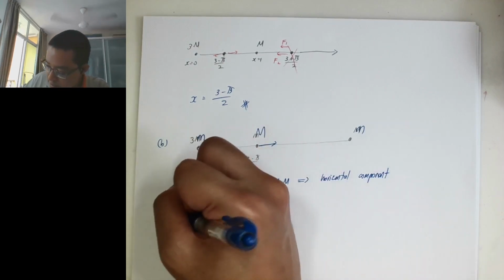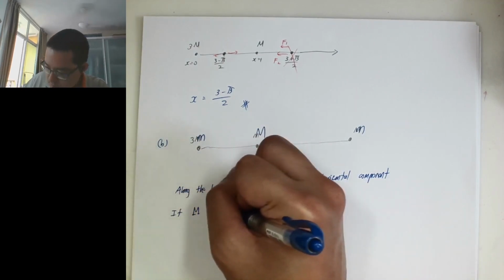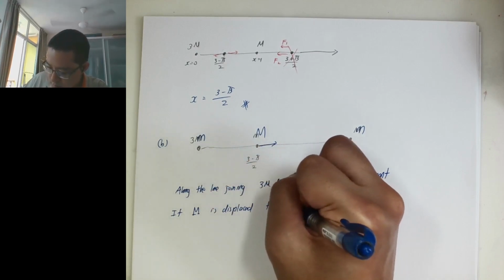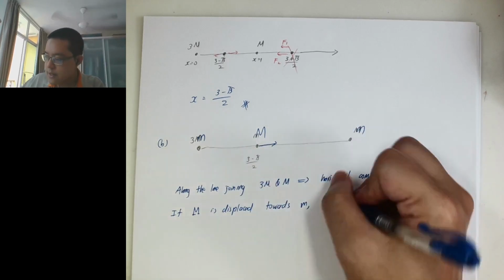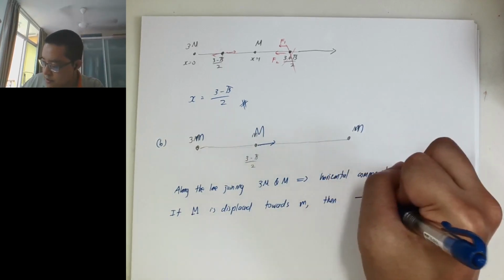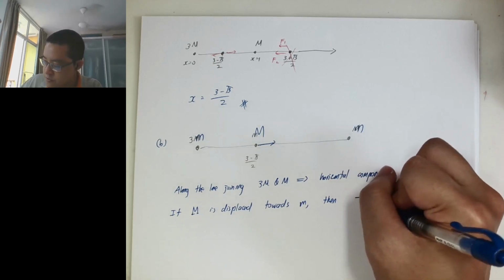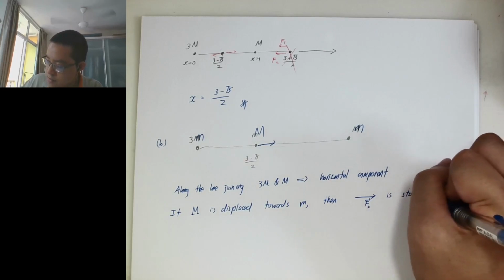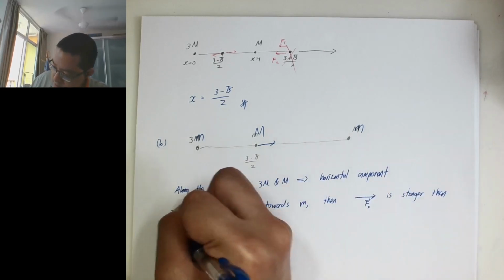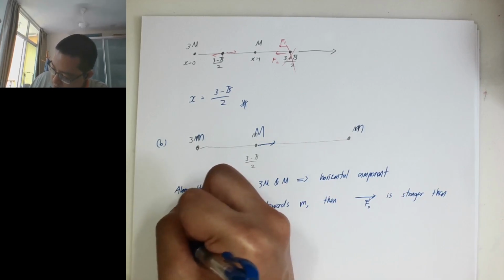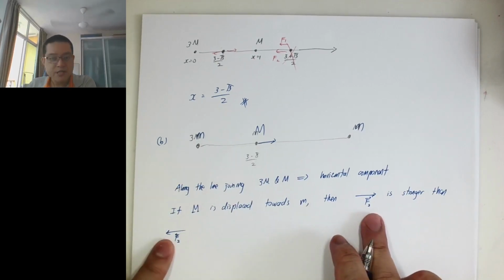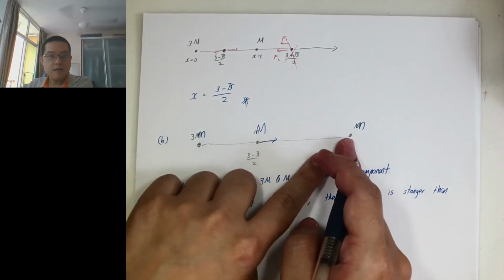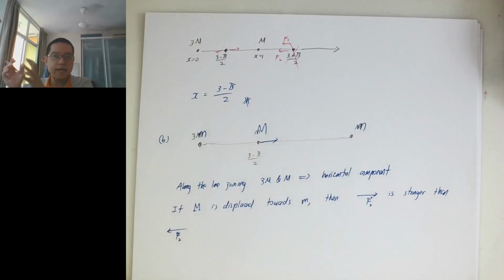If m is displaced slightly to the right, then this force F2 is stronger than this force. I'm drawing it in pictures so that it's easier to understand. If m is moving slightly to here, it is nearer, so the Newton gravitational force will make it a stronger force.